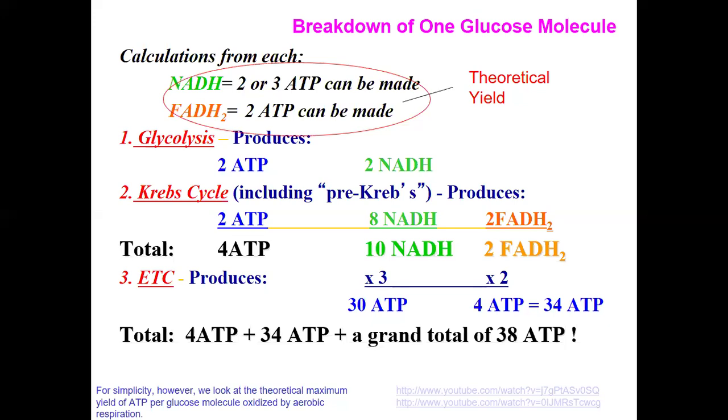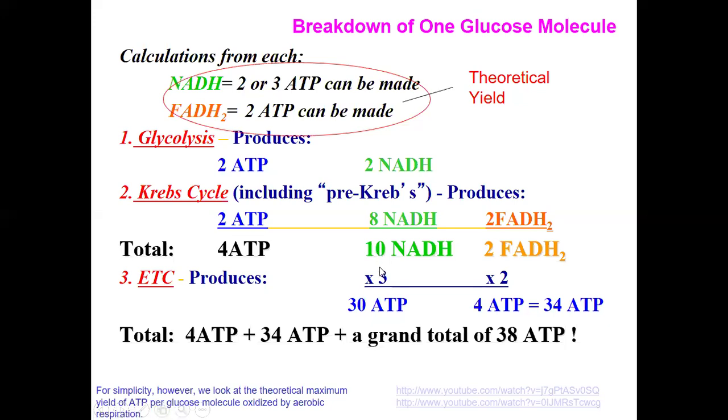Each NADH can generate 3 ATPs, say 2 to 3 ATPs, FADH can generate 2 ATPs, theoretically calculated.